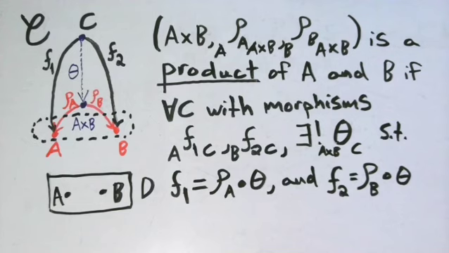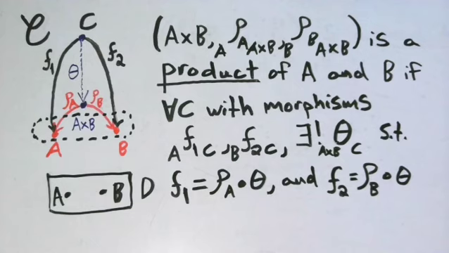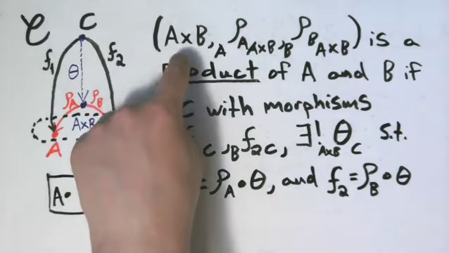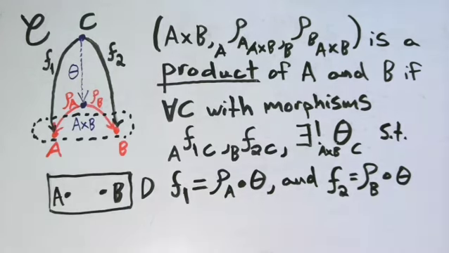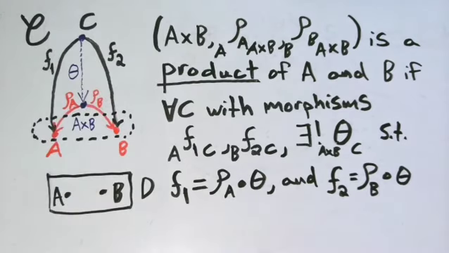Well, it's a morphism going from the vertex of our arbitrary cone into our A cross B object here, which we said was the vertex of our product cone, and it commutes with all of the legs of the two cones, which is exactly what the definition of a cone morphism was, or a morphism in the cone category.